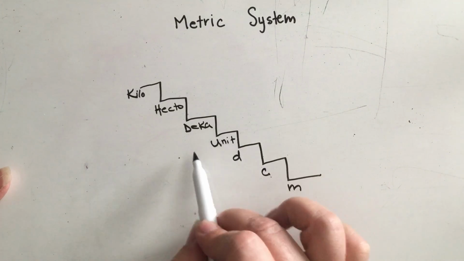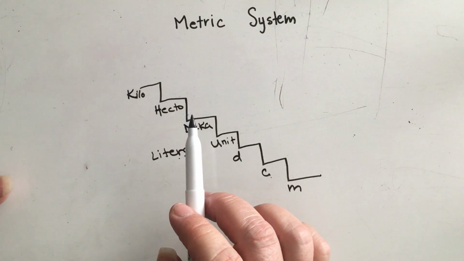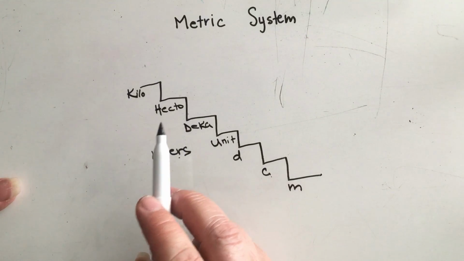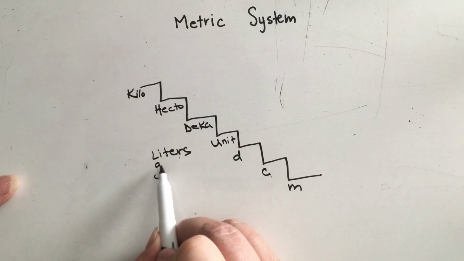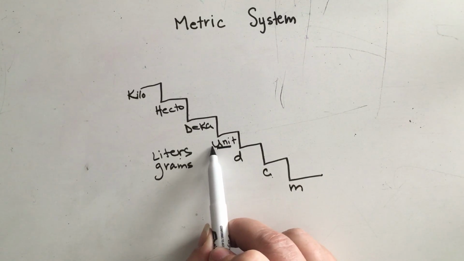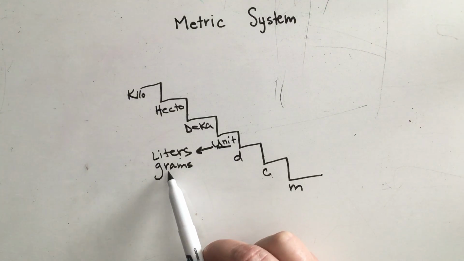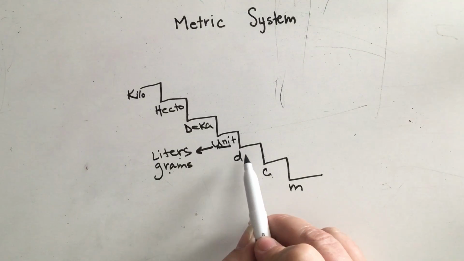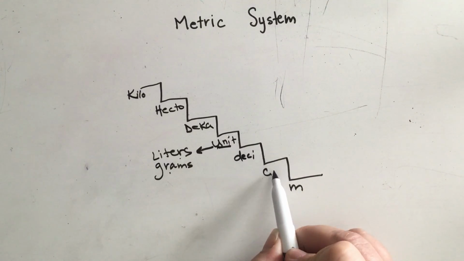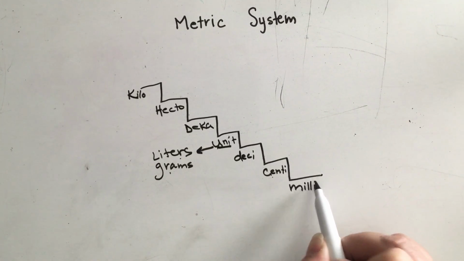So if I'm using liters, it would go there, or if I'm using grams, it would go here. The unit just refers to which one we are using. If it's liters, liters would go here. If we're using grams, grams would go there. Then we go down to deci, centi, and milli.